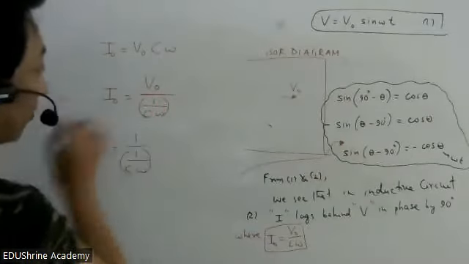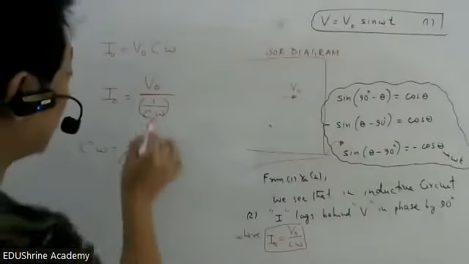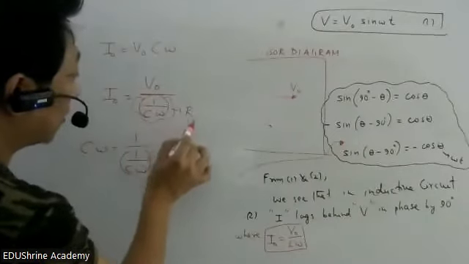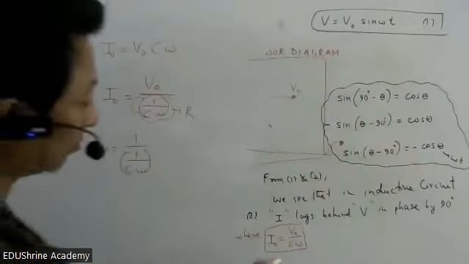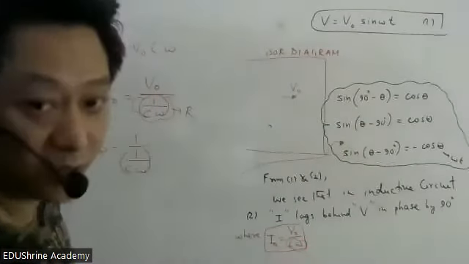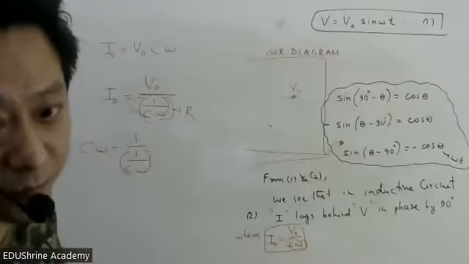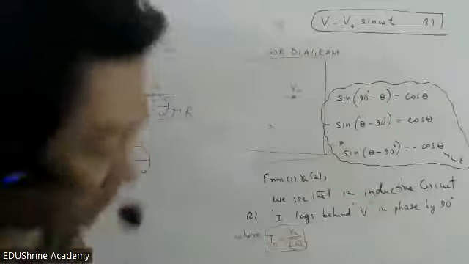So why did I do it that way? So that we will come to know who is playing the role of resistance. So here this is playing the role of resistance. Here who is playing the role of resistance? L omega, because it is in the denominator of I naught in the formula. Okay, so let us put all of them together in a nice box.